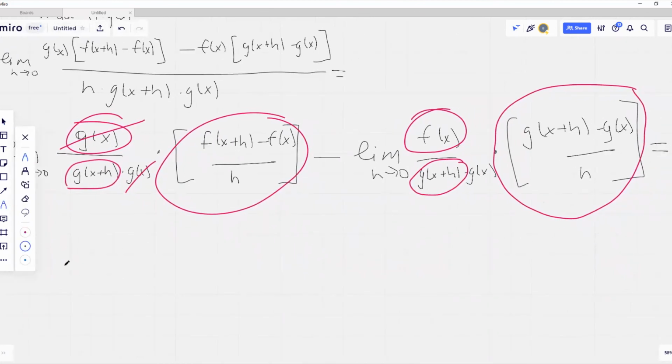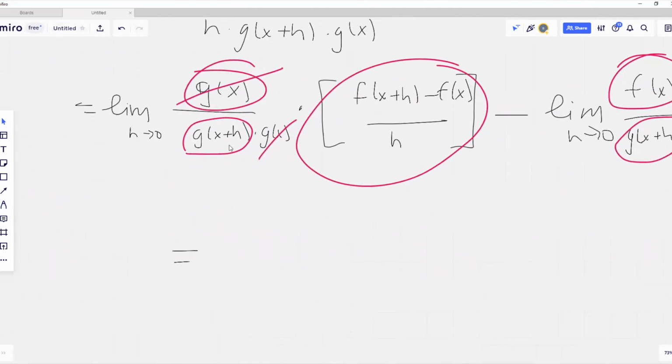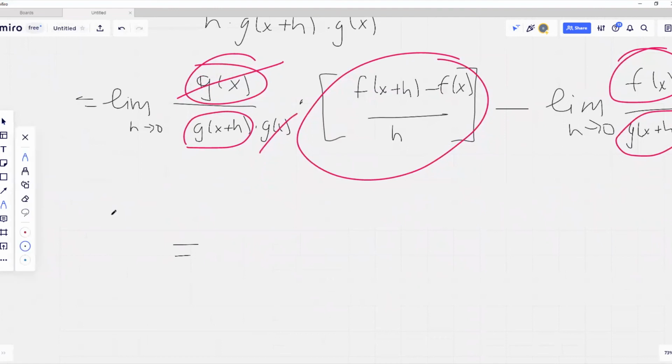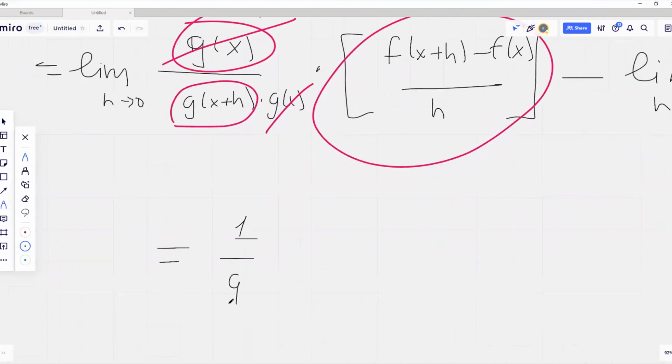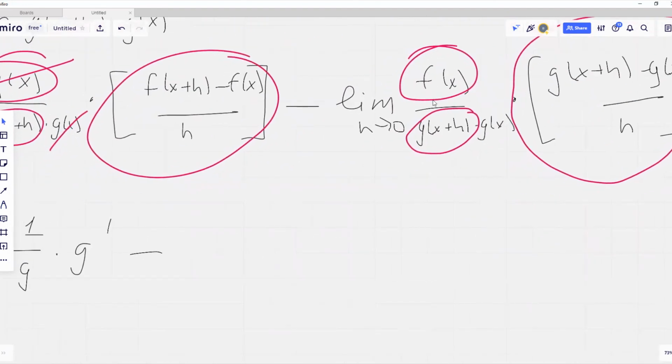Now let's see what we'll end up with. The limit of 1 over g of x plus h when h is approaching 0 is simply 1 over g. This is g prime minus, this is f over g, and that's also g.